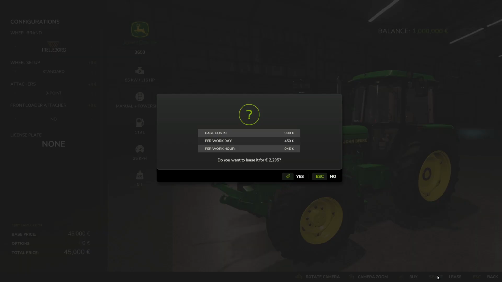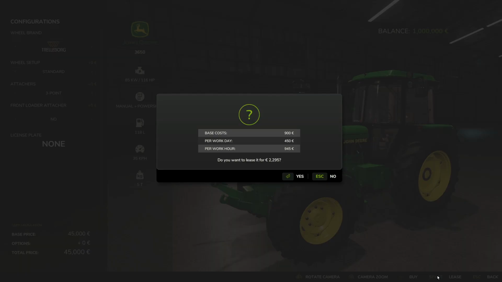So for different vehicles, all of those costs are higher or lower.